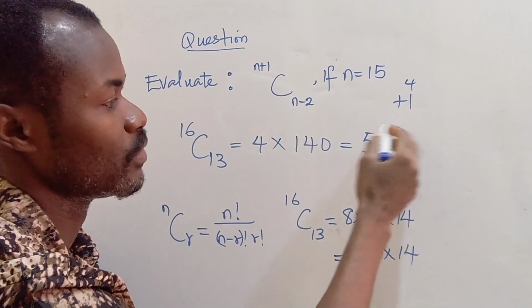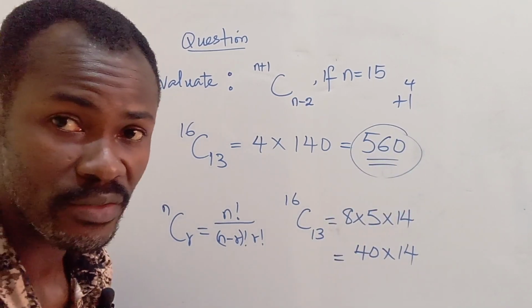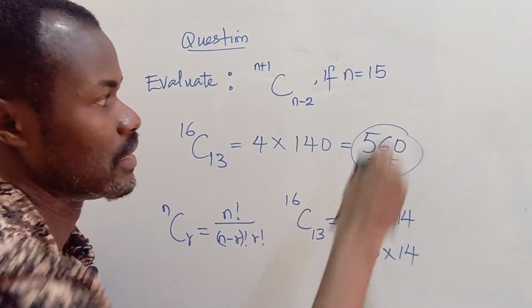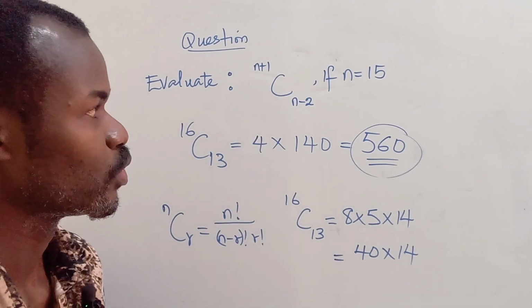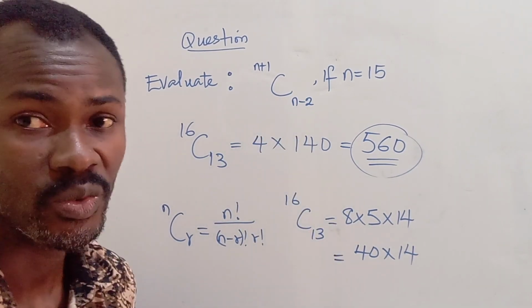So our answer to this problem is 560. So when n is 15, n+1 combination n minus 2 gives us 560.